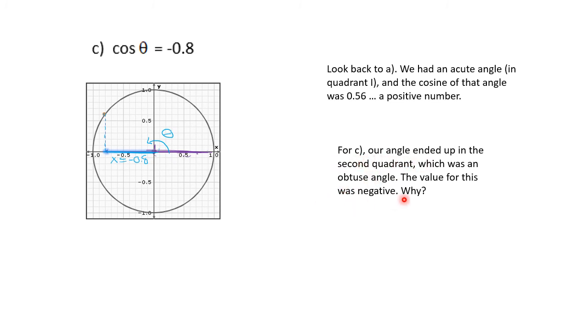The value for this was negative. Why? This is negative because it's in quadrant 2. So when our x values are negative, just look at your x-axis. Right from grade 9, positive numbers go this way, negative numbers go this way. So if we have a positive x value, we're going to get an acute angle. If we get a negative x value, that means our angle should have been obtuse.